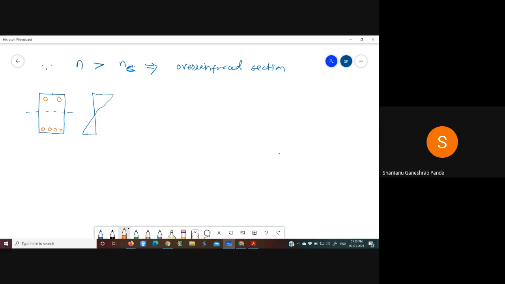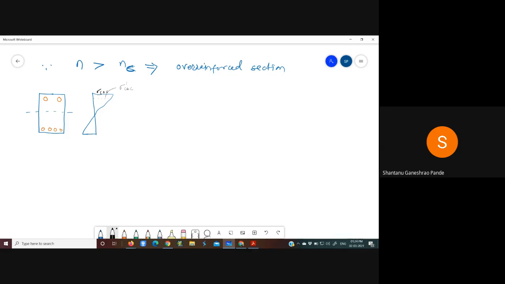At the level of these bars, whatever stress is developed is sigma dash CBC, and the stress at the top fiber is sigma CBC.